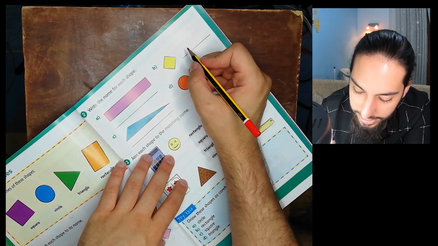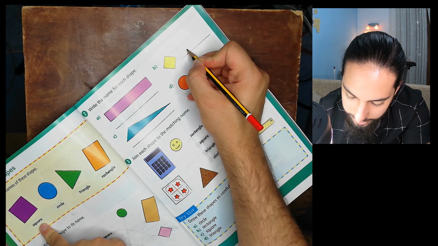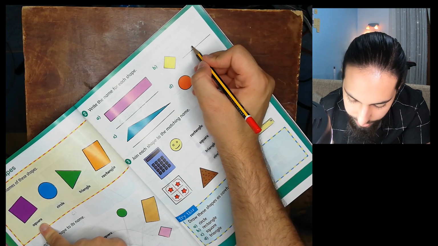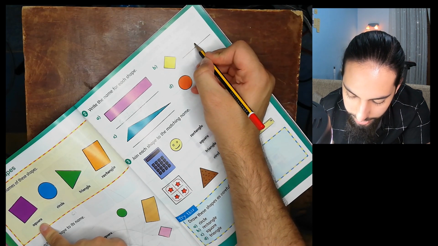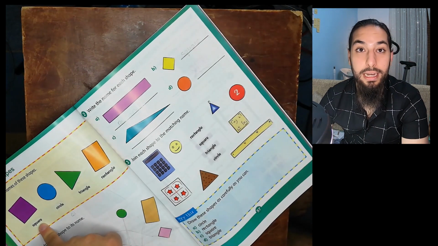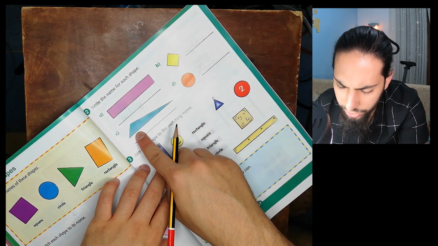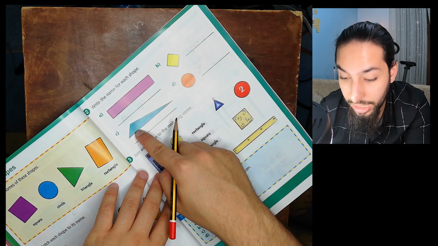So this is a square. Now here's the spelling: SQUARE. That's a square.